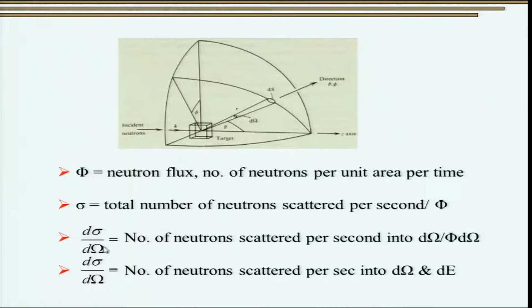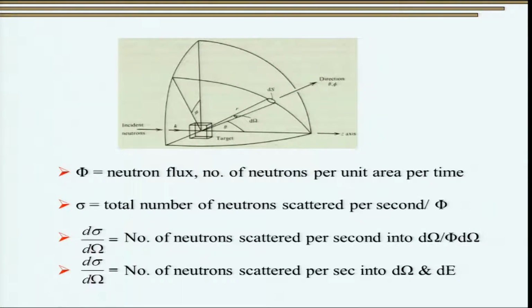Our d sigma by d omega, where d omega is the solid angle being covered, is the number of neutrons scattered per second into d omega, for the flux phi. Therefore, our d sigma by d omega dE is the number of neutrons scattered per second into d omega in an energy range of about dE.